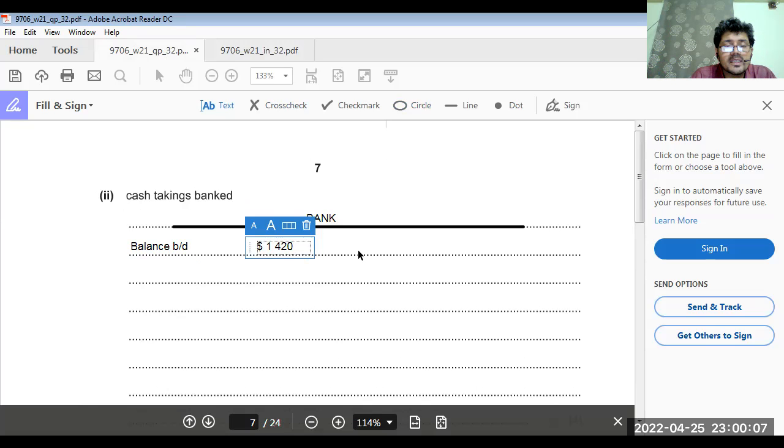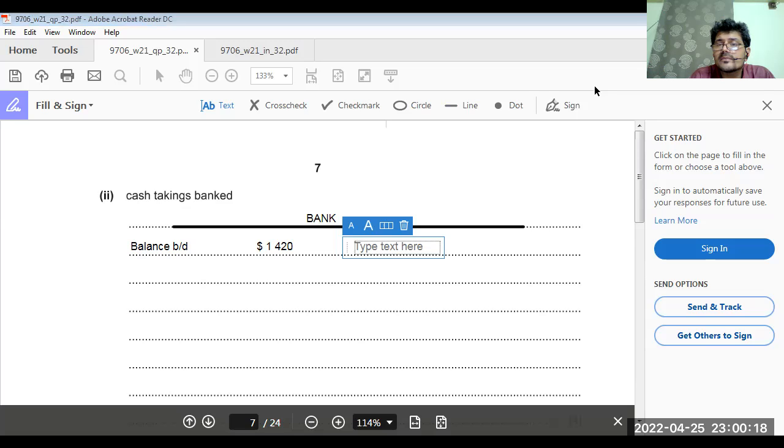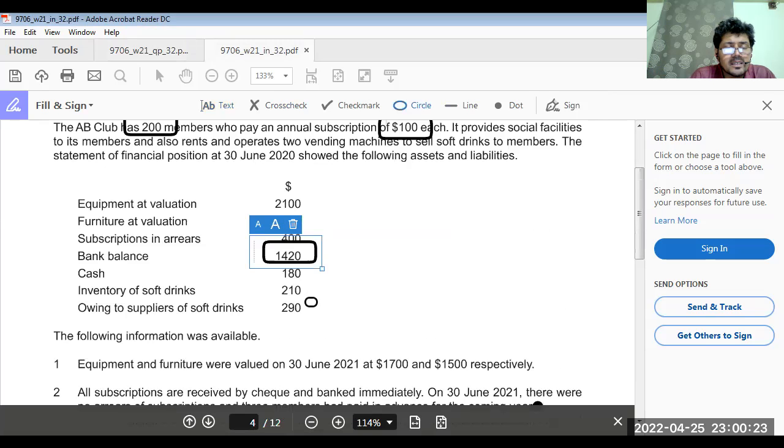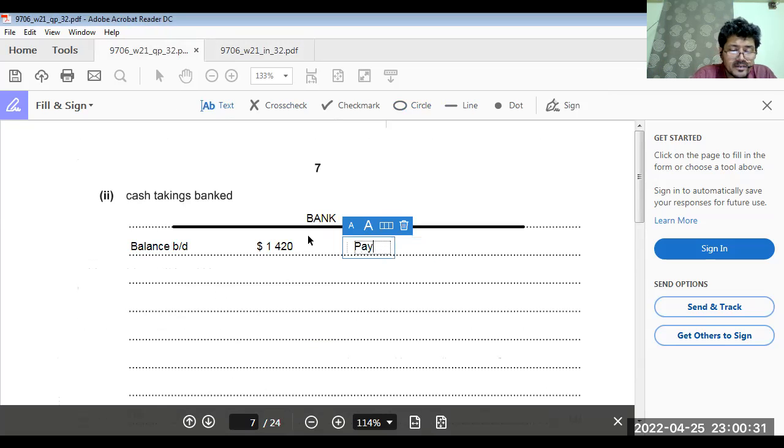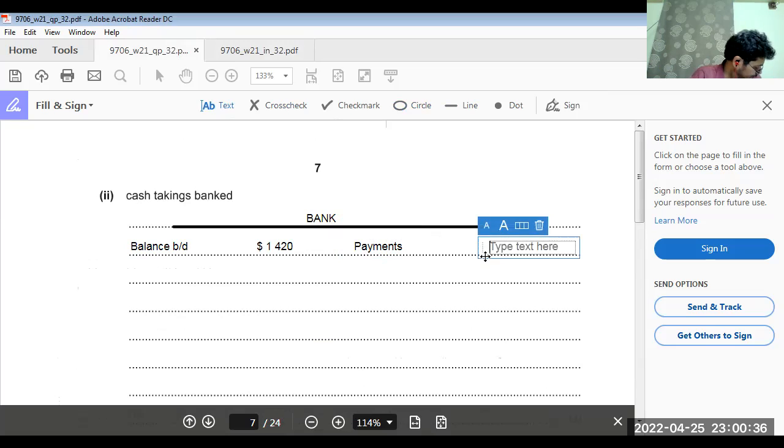Now, what we paid from the bank, 34,460. Payments. We paid from the bank 34,460 payments.